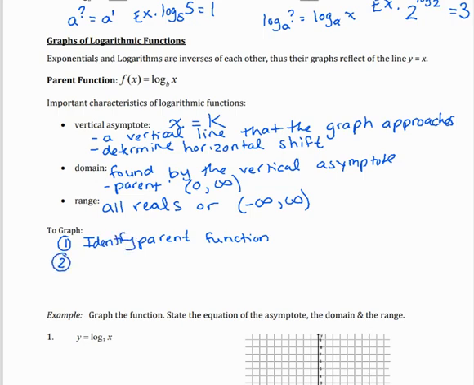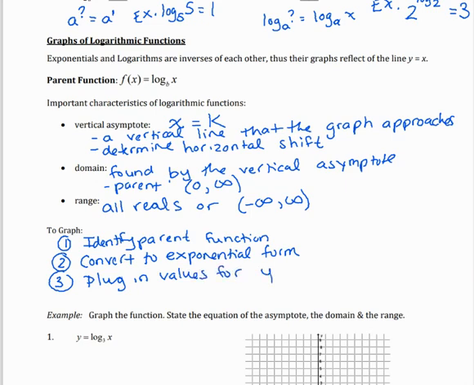You're going to convert that parent function to exponential form. Now from there, you're going to plug in values for y to determine x.